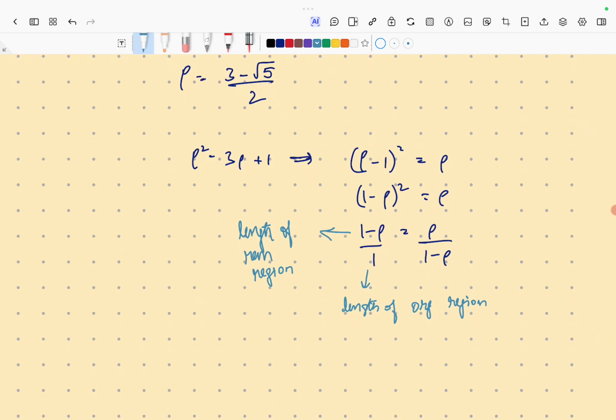This is equal to, in the next step, the length of the shorter segment, the region that was removed, divided by the length of the region that remains.